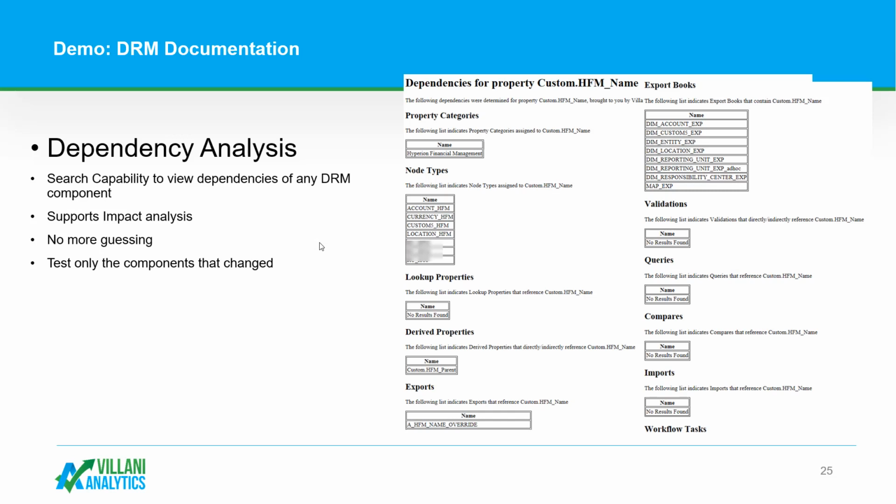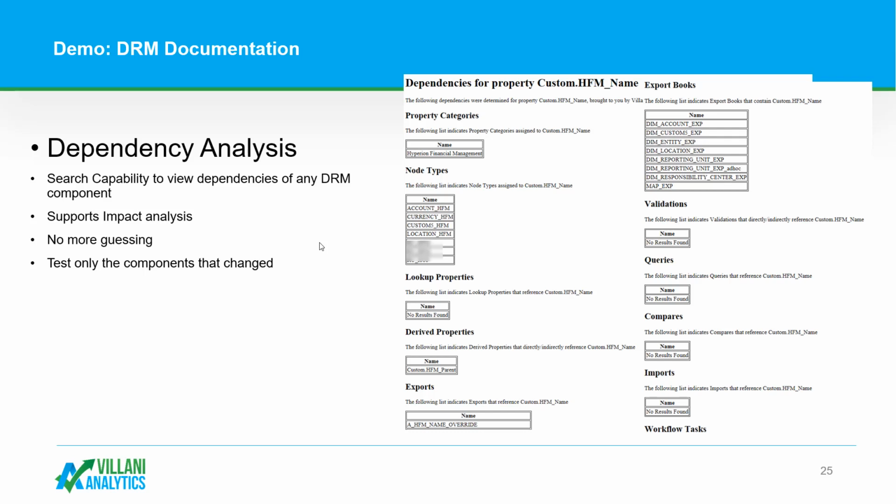This is an example of the dependency analysis module. We're working on the visuals, so it just looks pretty plain and basic here. But if you type in, hey, I have a property, this custom.hfm name, what are all the different components that reference that particular property?